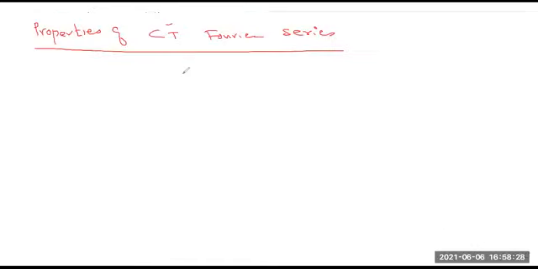So before talking about the properties, let me introduce the notation that we will be using. Whenever we relate a given periodic signal to its Fourier series coefficient, we will use this notation: x of t, then a double arrow, Fourier series coefficient a sub k, and on top of that we write FS for Fourier series.